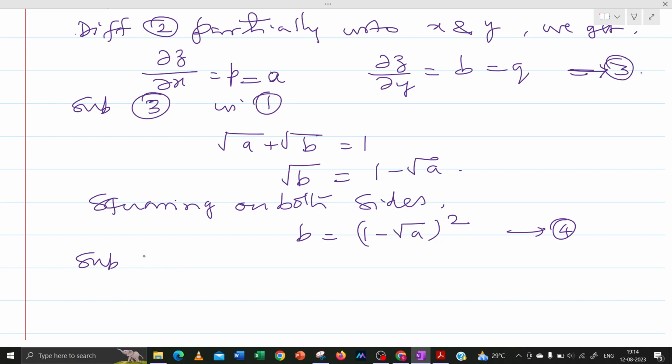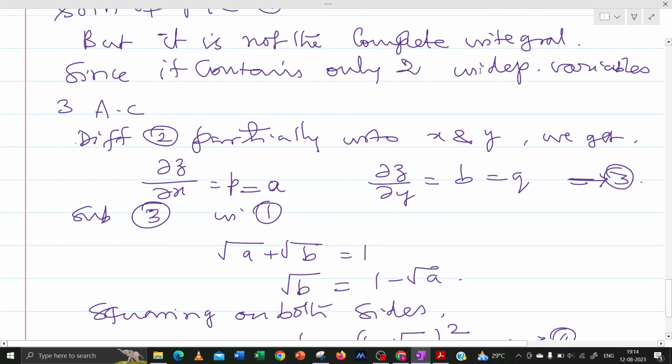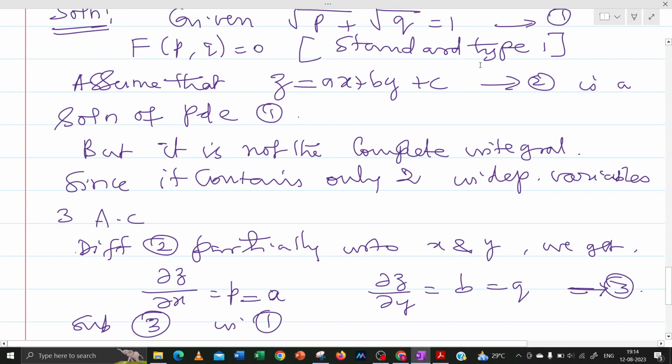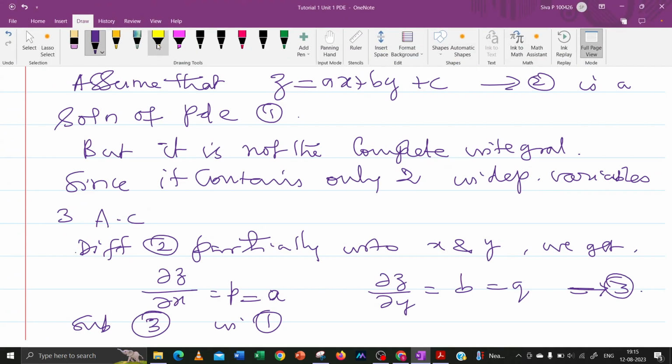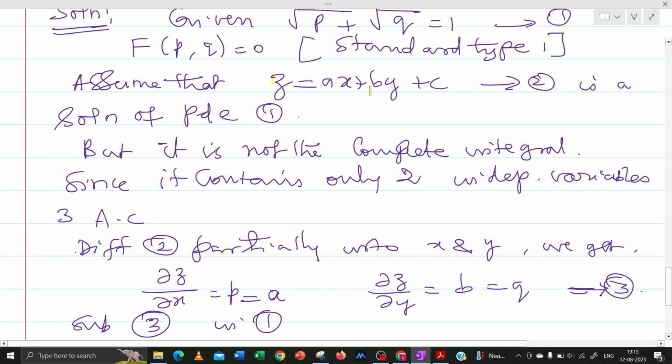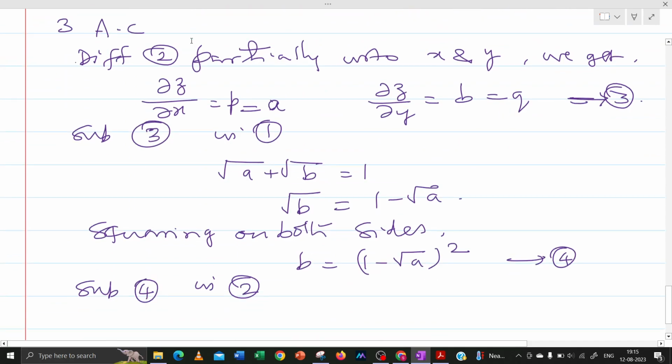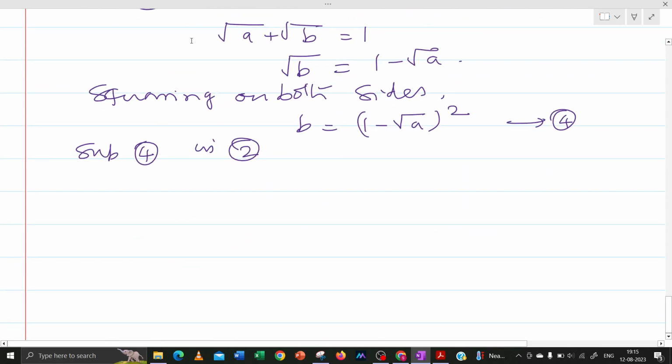Substituting 4 in 2, what is 2 here, z equal to ax plus by plus c. In this equation, you are substituting that b value, b equal to (1 minus root a) whole square.